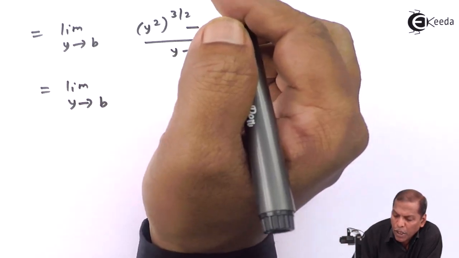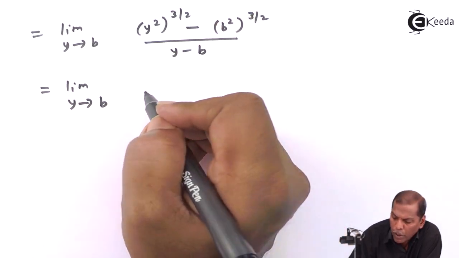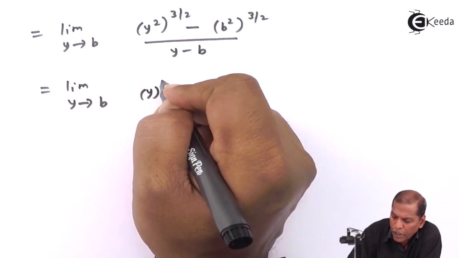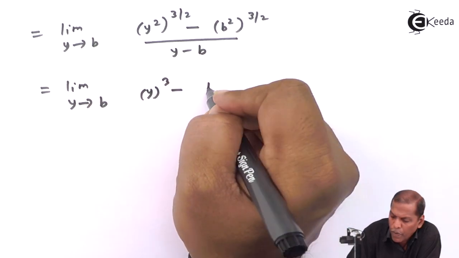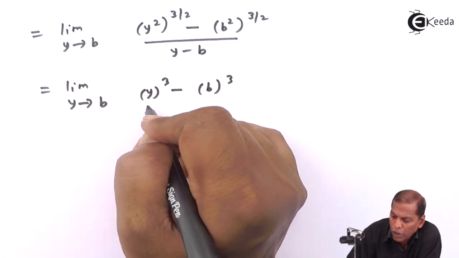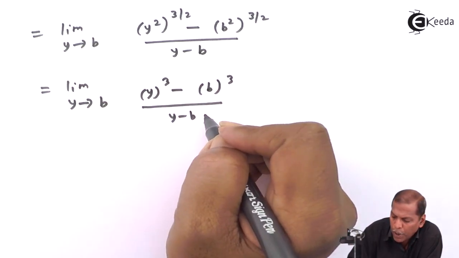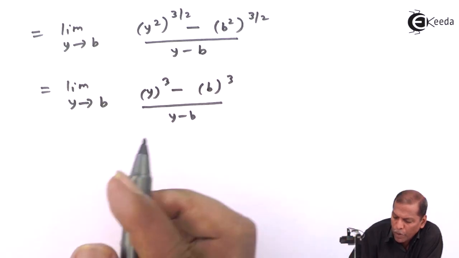Now here we cancel 2 from the power, so we are left with y cube minus b cube in the numerator upon y minus b in the denominator.